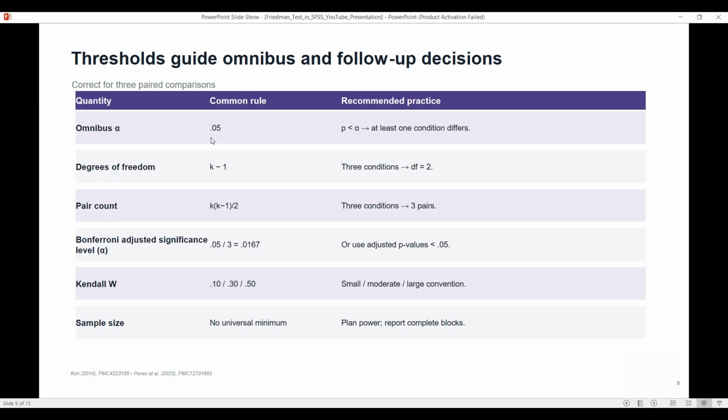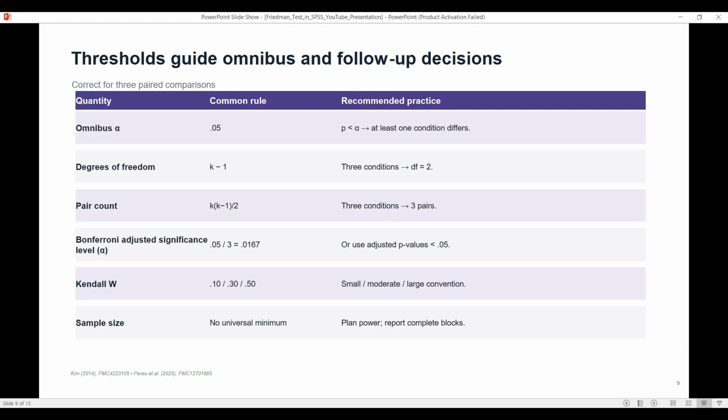When we divide the alpha by 3, we get the Bonferroni adjusted significance level of 0.0167. We also confirm whether the p-value is lower than this adjusted significance level or not, because in this way we will accept or reject the null hypothesis.